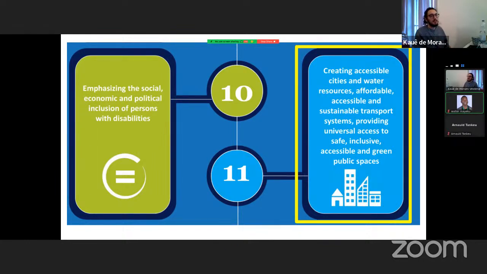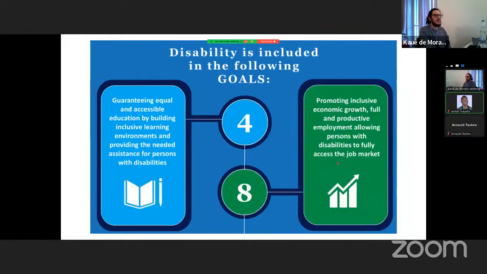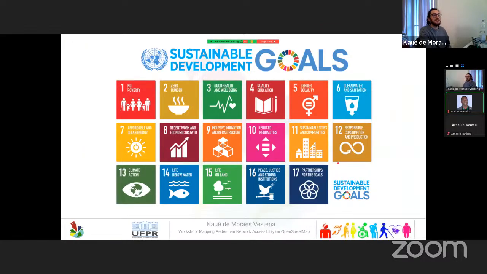But the one that brings us more directly to OpenStreetMap and the open mapping world is number 11, about sustainable cities and communities.